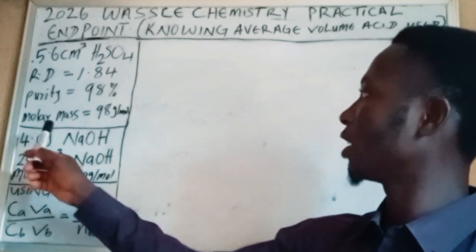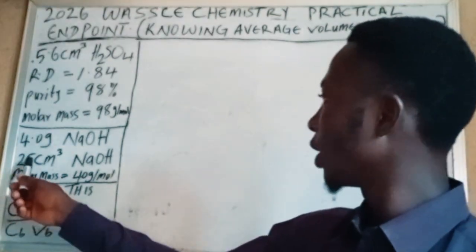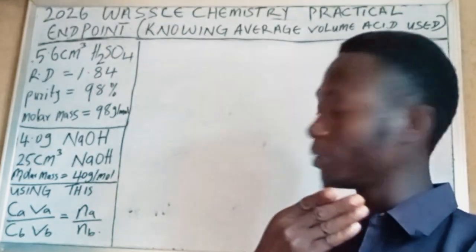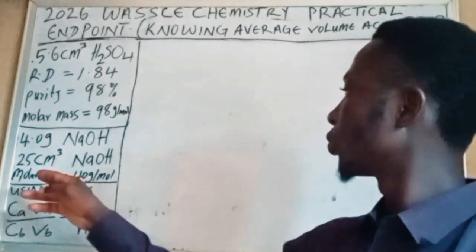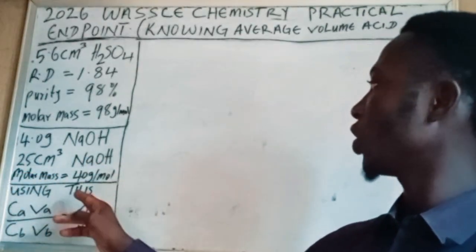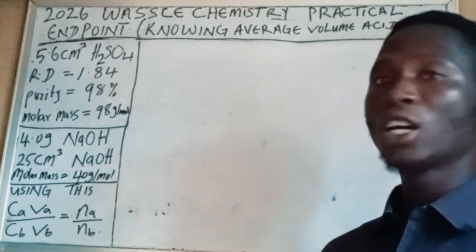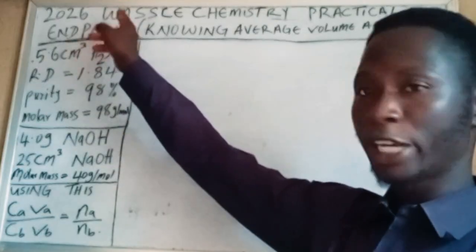We have 4.0 gram of sodium hydroxide, and we have 25 cm³ of sodium hydroxide. It means we are pipetting 25 cm³ of sodium hydroxide. The molar mass of sodium hydroxide is 40 gram per mole. Using this, we are to know our endpoint.